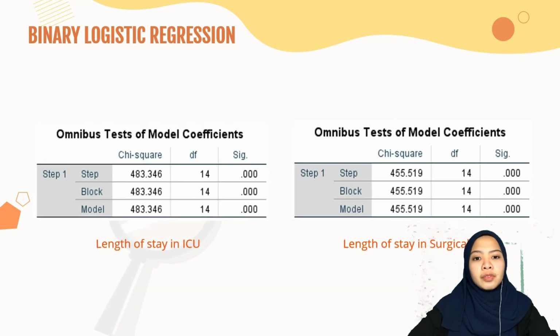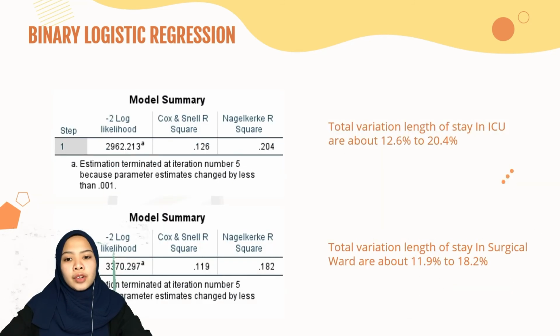The overall models for length of stay in ICU and surgical ward after CABG surgery are statistically significant by using the omnibus test. From the model summary, by using Cox and Snell R-square and Nagelkerke R-square, the total variation in length of stay in ICU that is explained by the independent variables is about 12.6% to 20.4%, while the total variation in length of stay in surgical ward that is explained by the independent variables is about 11.9% to 18.2%.